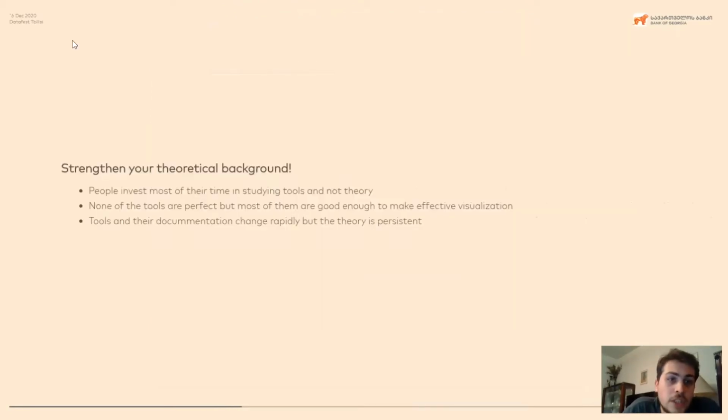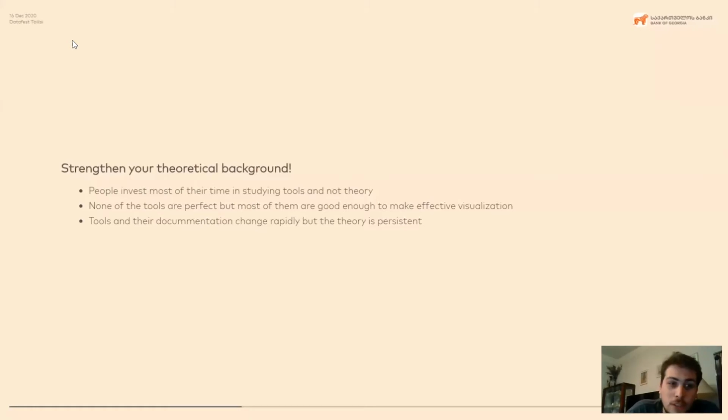The examples I showed you are inspirational, right? We also want to make such visualizations. Actually, it's possible, but before that, we need to know at least very basic things about visualization techniques. We need theoretical background and proper tools in our toolbox to do that. But my observation is that people invest most of their time in studying tools and not theory.